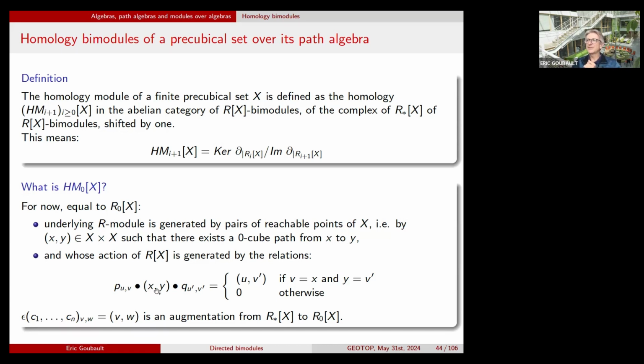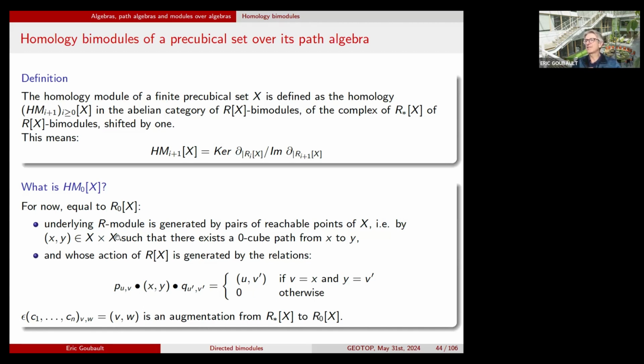That is, if Y is reachable from X, then if you have a path from U prime, which is equal to X, to Y, sorry, to V prime, and I have a path from U to V where V is equal to X, then I know that U V prime is reachable. So V prime is reachable from U because you just compose this path with the path which is the witness that Y is reachable from X.